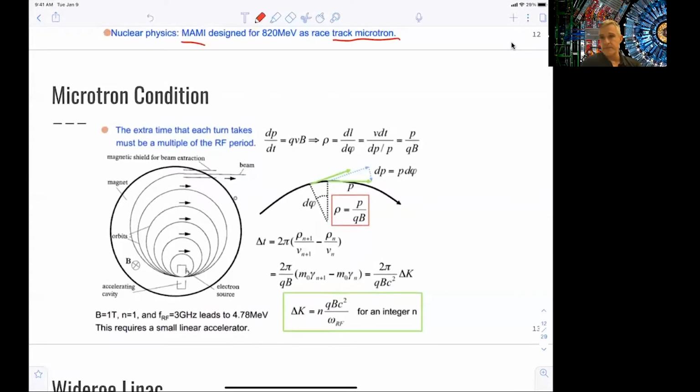The question is, what kind of conditions you have to fulfill in order to keep the particles in place. And here, because the particle moves along, it in each turn takes more time in order to make one circulation. So what you want to make sure is that your phase and the acceleration stays in sync.